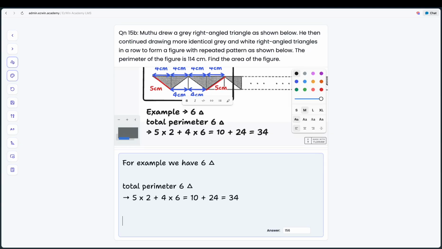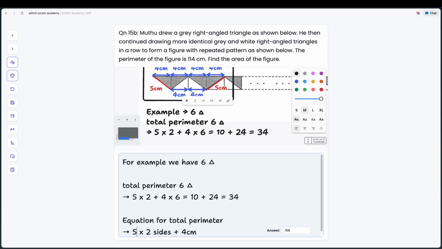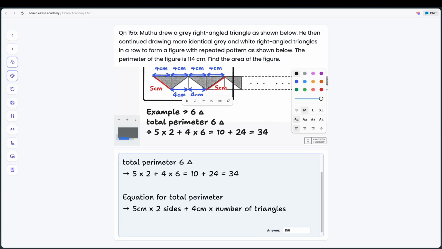So that means the equation for total perimeter is basically 5 times 2 sides plus 4 centimeters times the number of triangles. I'm going to put centimeters here so it's easier. We want to find the number of triangles, because we want to find the area.